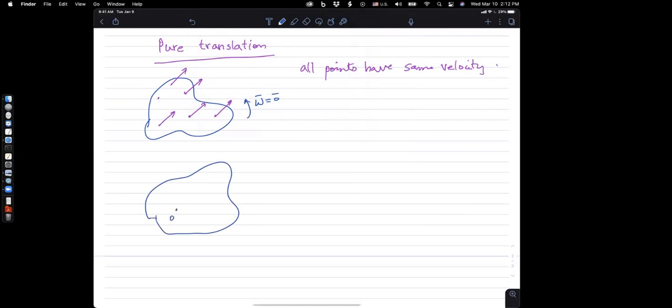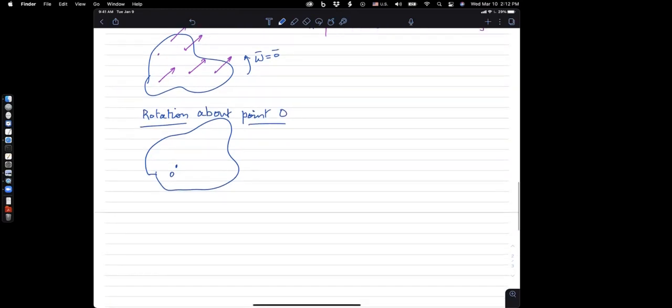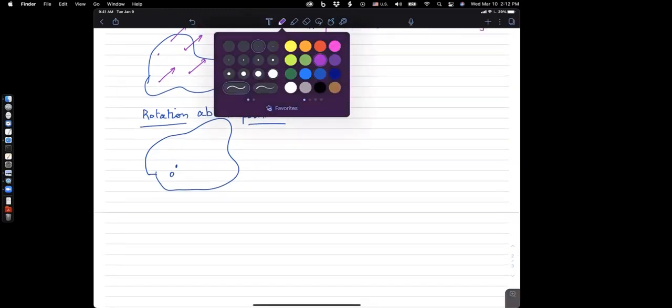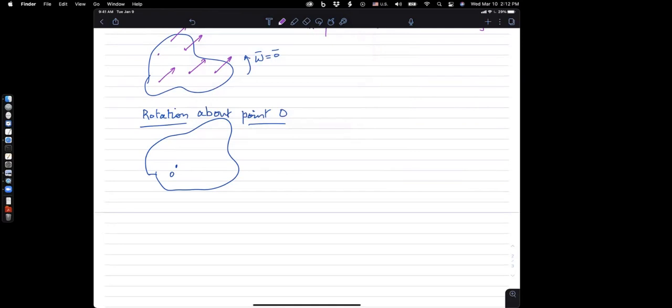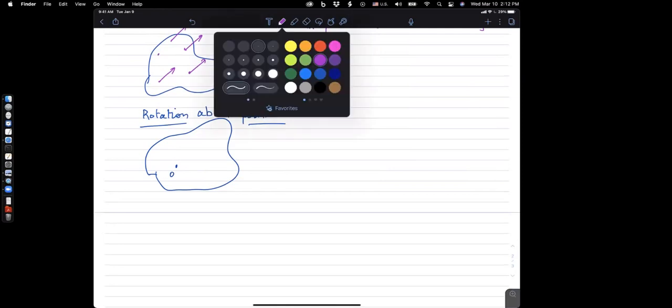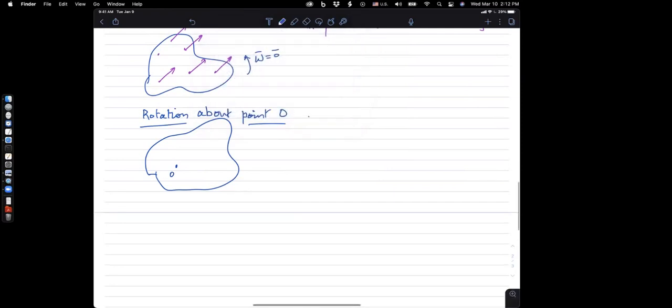Let's say you have a point O and rotation about point O. Then what does that mean? What does it mean about the velocity of point O? Zero, that's right. VO equals 0. O is not moving.